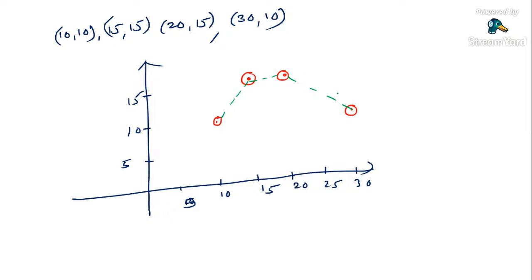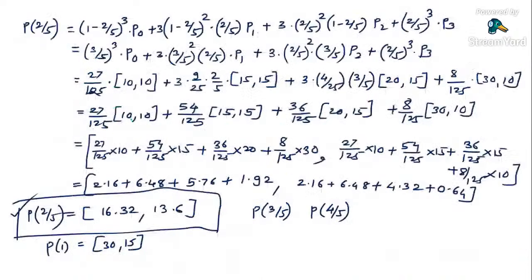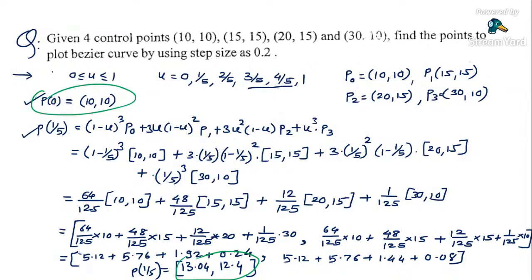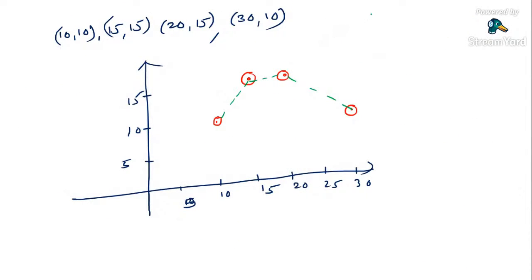Now this convex hull will be followed by the Bezier curve, using the values that we have calculated. Which values have we calculated? First value is 10, 10. Then second value 13.04, 12.4. First value we got by calculation, P0, is 10, 10.